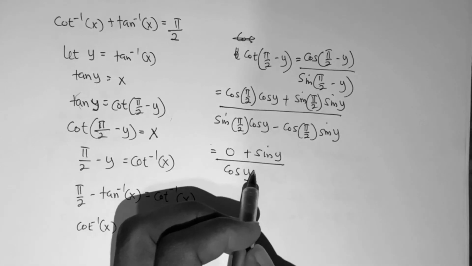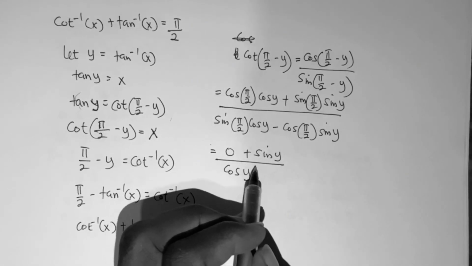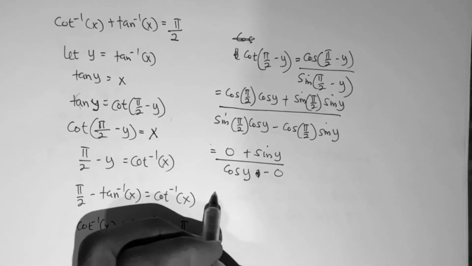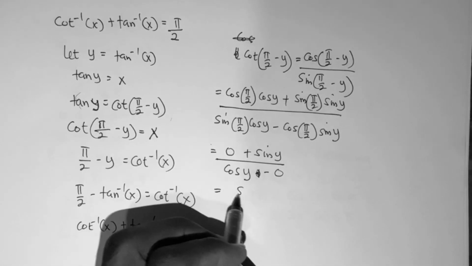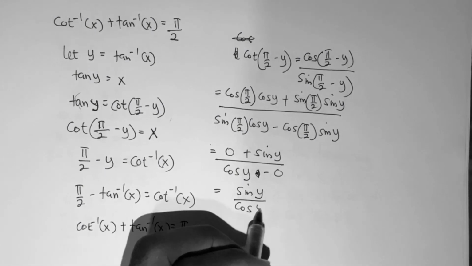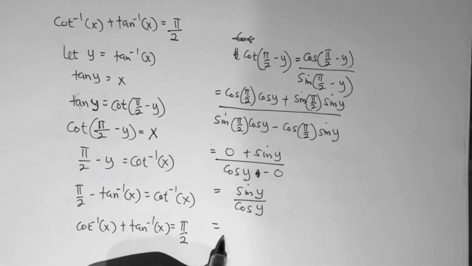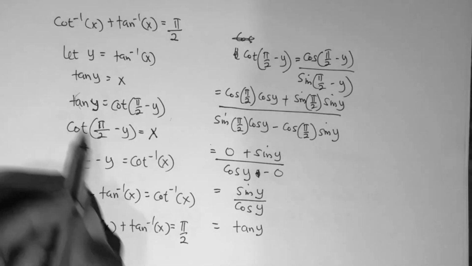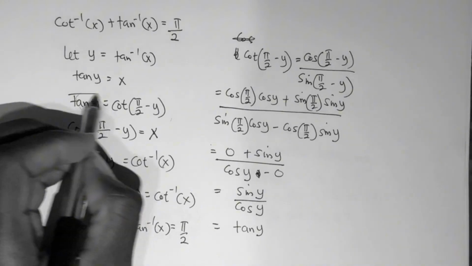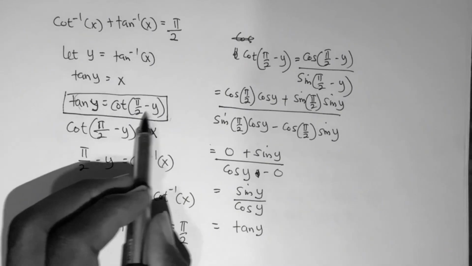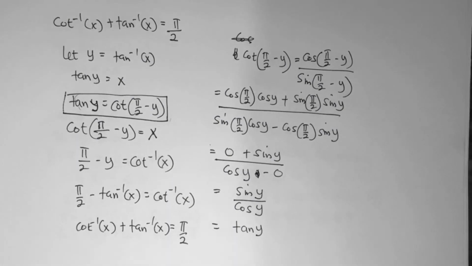Then cos pi over 2 is 0, and so this will be minus 0. So at the end of the day, this is equal to sine y divided by cos y. And sine y divided by cos y is the same as what? Tan y. So therefore, it is true that tan y is equal to cot of (pi over 2 minus y).